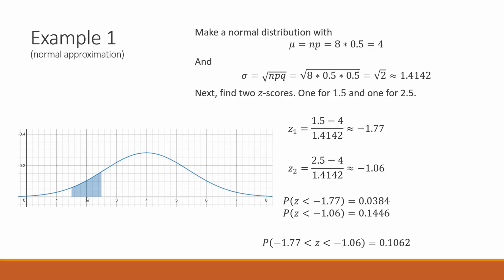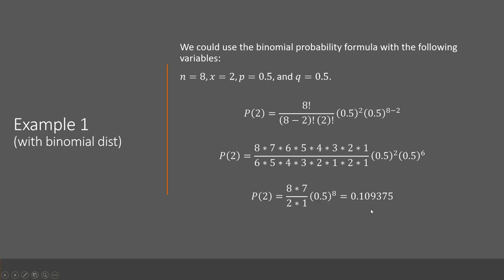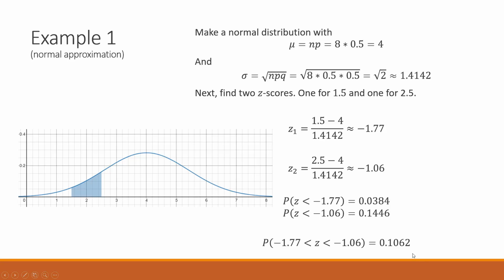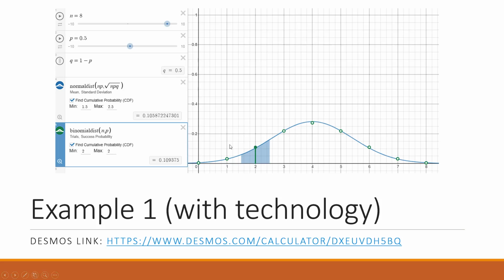So that's a 10.62% chance, according to the normal approximation, which is honestly pretty good, pretty accurate, given the fact that the actual value under the binomial distribution is about 10.9%. Here we've got 10.6, it's actually 10.9%, pretty close, pretty close.